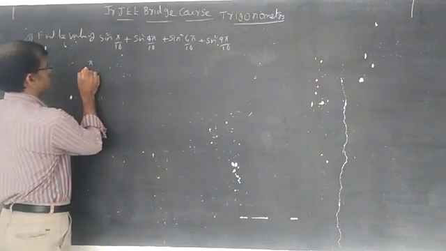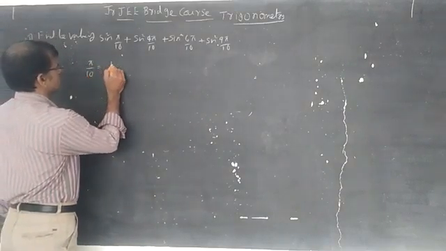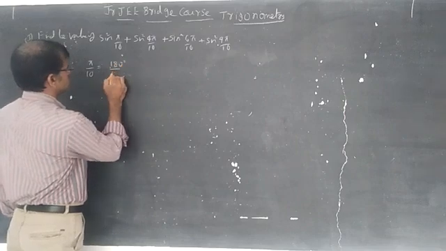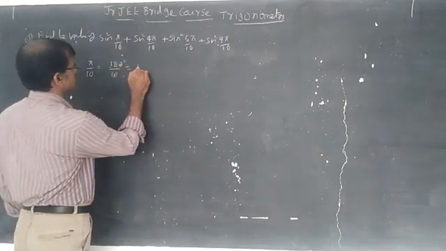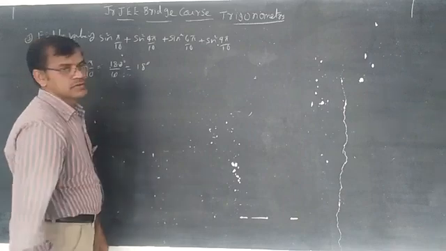You can understand here pi by 10 means 180 by 10, which means 18 degrees.